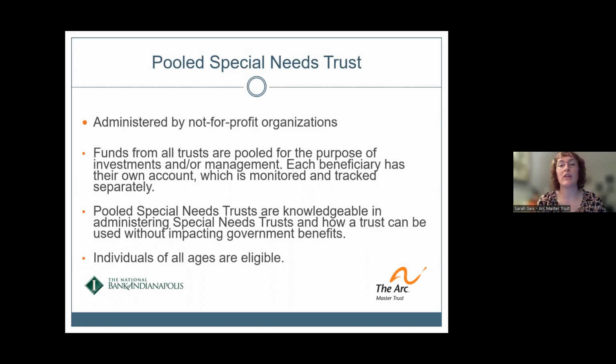Pooled special needs trusts are also incredibly knowledgeable in how a special needs trust can be administered and how it can be used without impacting someone's government benefits. This can be an option for individuals or families who want the benefit of having the trust administered by an expert, if they do not have someone in their lives who they would feel confident in being the trustee. In a pooled special needs trust, individuals of all ages are eligible.